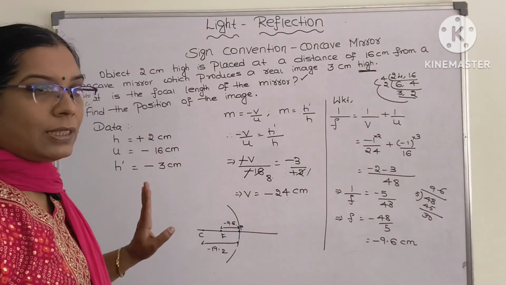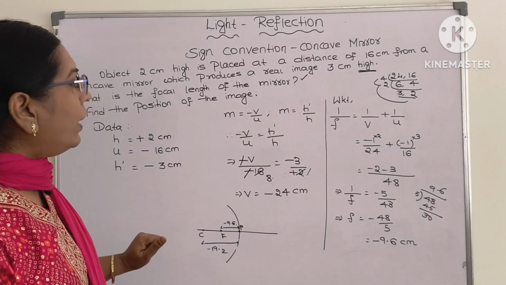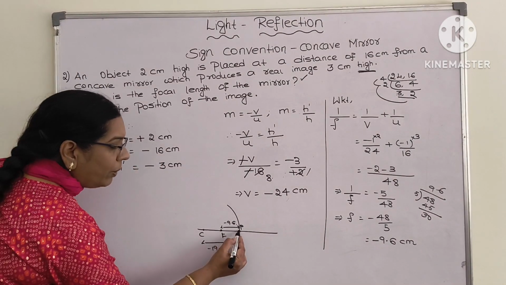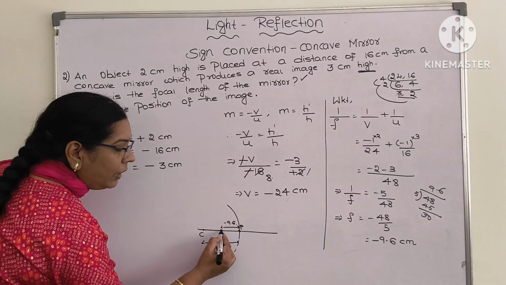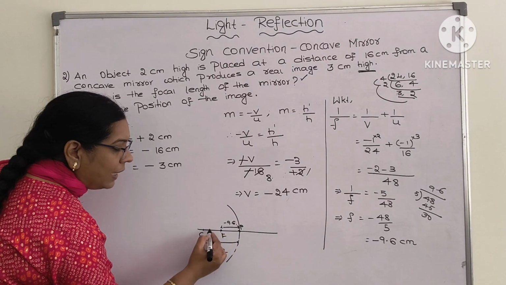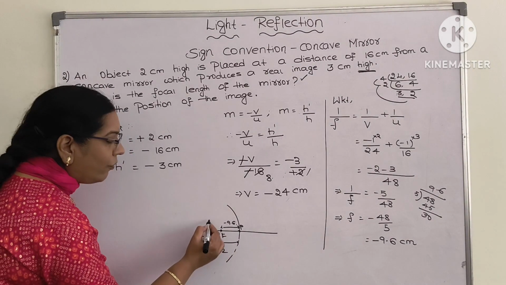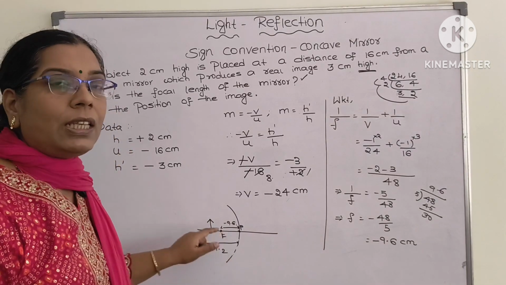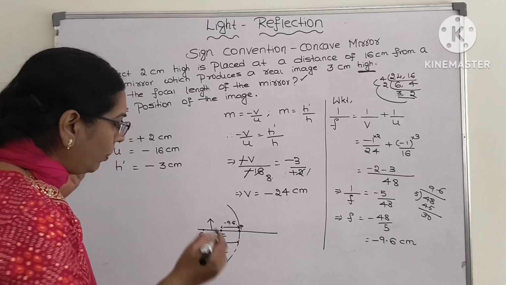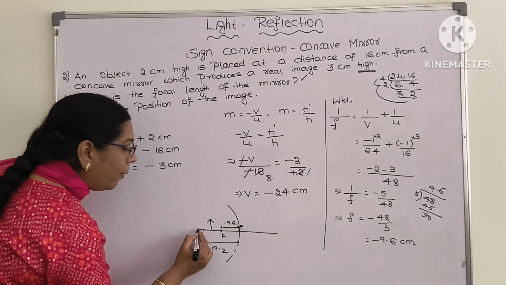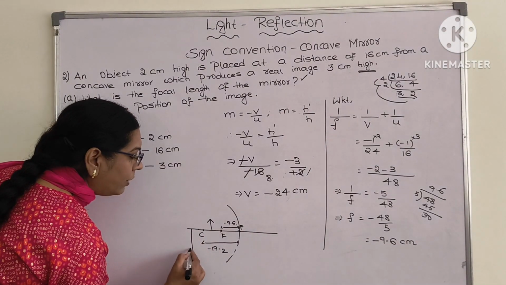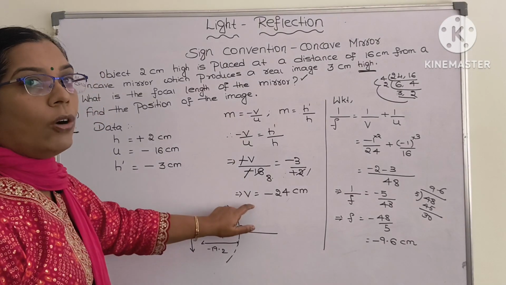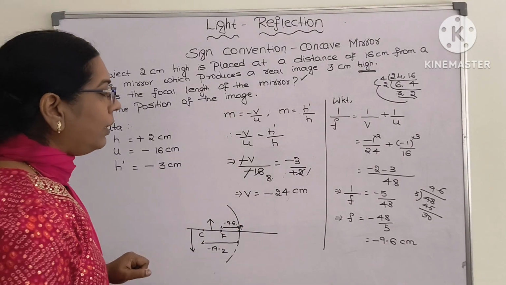The focal length is minus 9.6. Now, where is the object placed? At 16 centimeters. So from here, if you start counting till here, it is 9.6, and somewhere in between C and F is your object. When the object is between C and F, where is the image formed? Image is formed in front, but it will be formed beyond C. So how should you write about the position of the image?